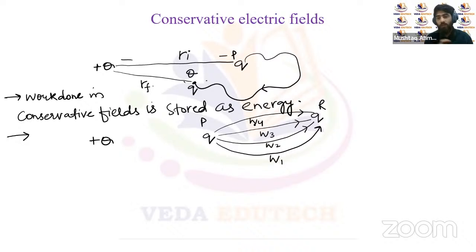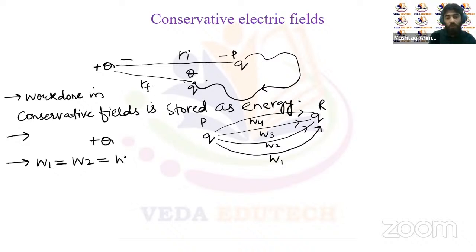In case of conservative fields, this work done will be independent of the paths followed, right? It means that for all the paths the work done will be the same, provided the initial and final points are the same. Work done will not depend on the path.